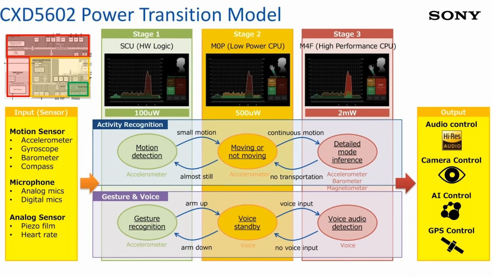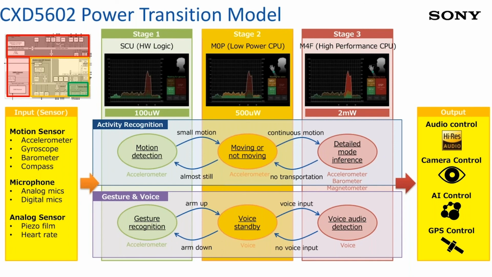At this point, it's 500 now. And then eventually, when you go to the last stage, stage three, what happens at this point? I have sensed the motion and I detect it. Now I have to do some moving or not moving. If I need to do moving, then I need to go to stage three, which at the end is going to send some output, right?